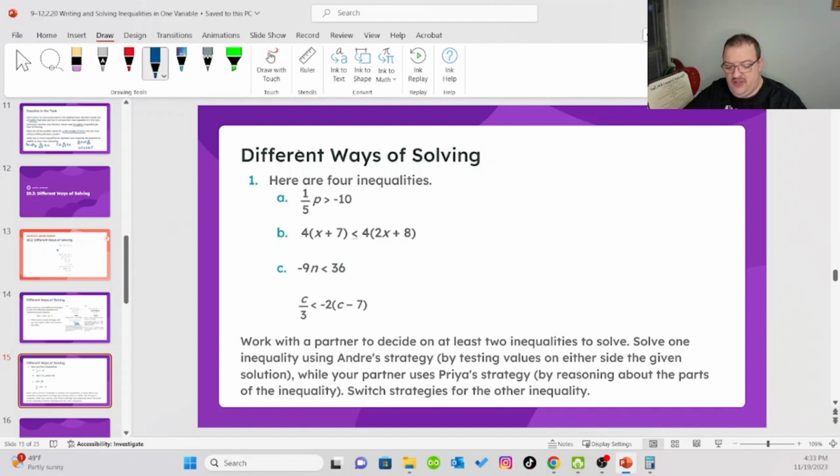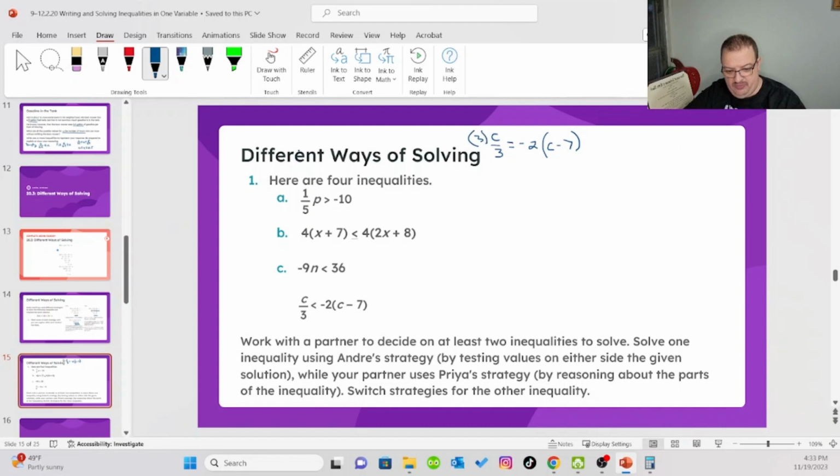We have c divided by 3 is less than -2 times c minus 7. So the first thing we're going to do is set this up as an equation. Again, I can get rid of a fraction by multiplying by the denominator.